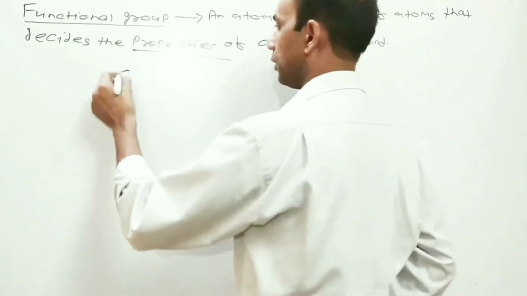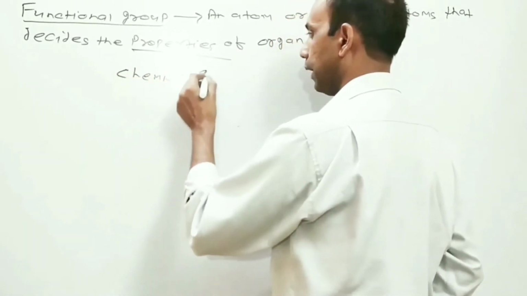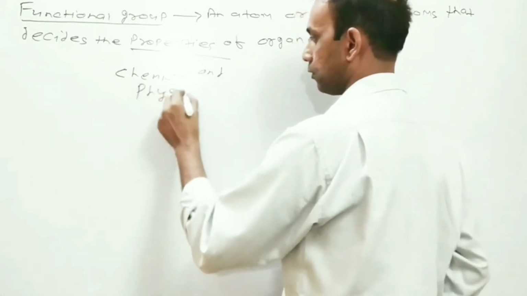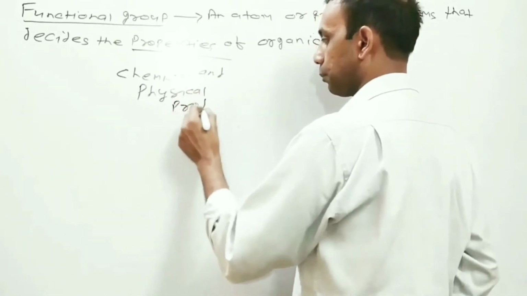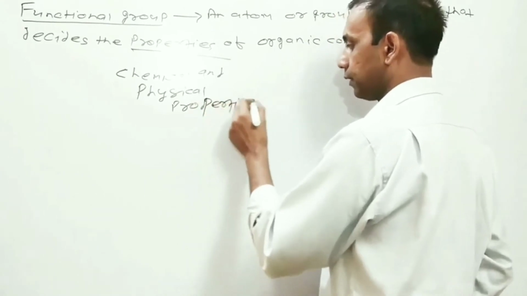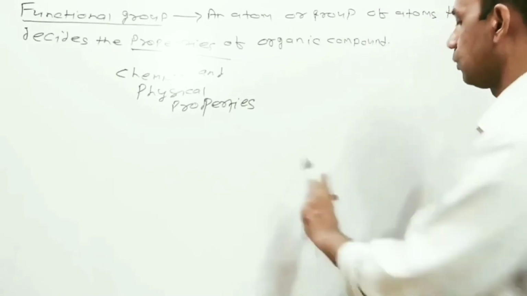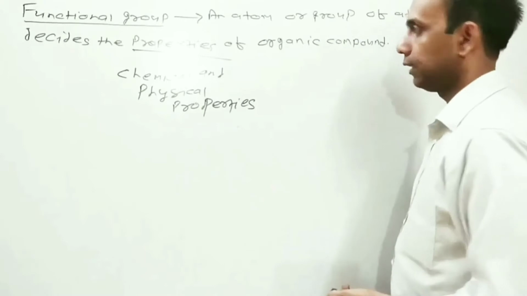What kind of properties? Not only the chemical, but also the physical properties. So all the properties of a compound are decided by the functional group. So I'll let you know right now what the major functional groups are and what their importance is.